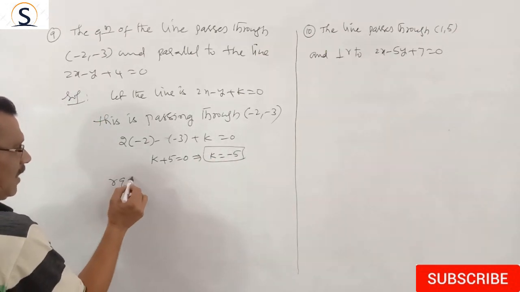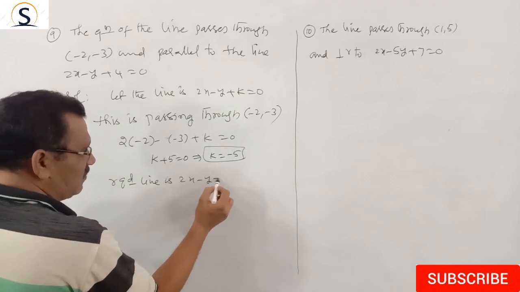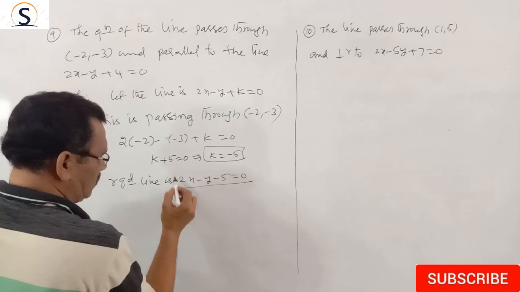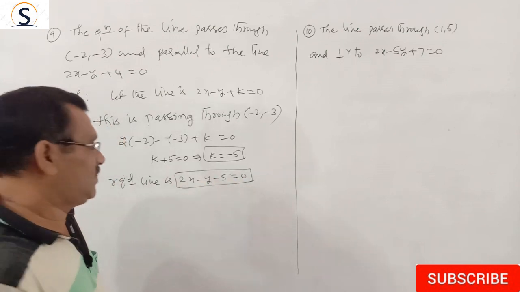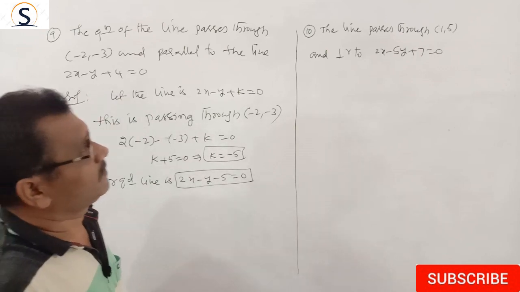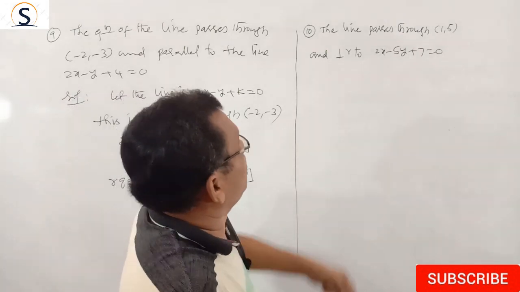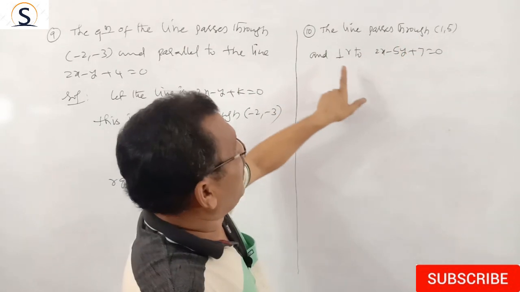Your required line is 2x minus y minus 5 is equal to 0. Now this is the line passing through minus 2, minus 3 and parallel to the given line. Okay, this is parallel.